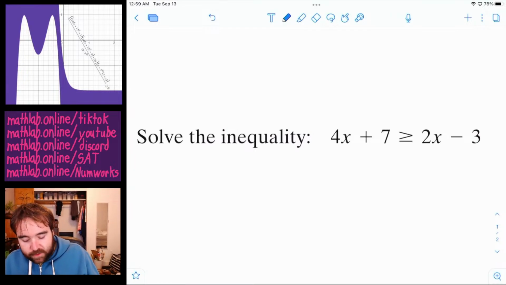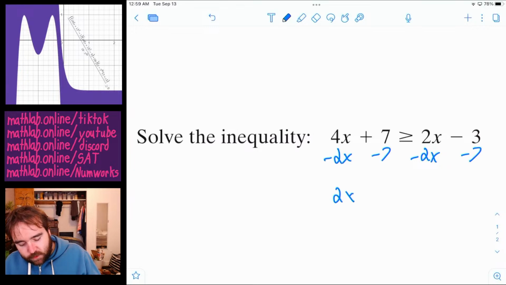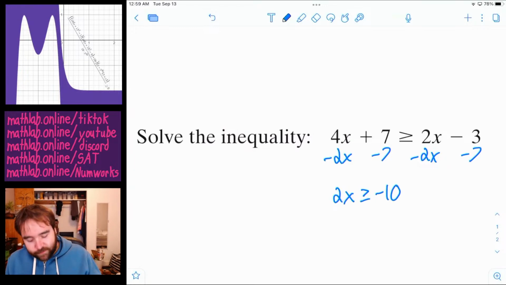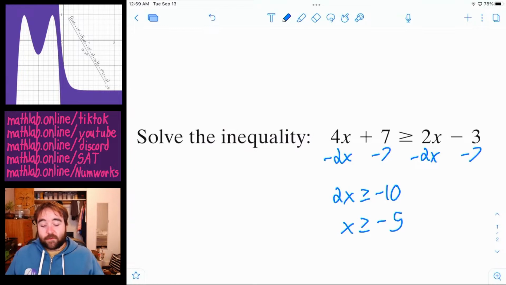We're just going to get the x together and get the numbers together. So subtract 2x from both sides, subtract 7 from both sides, get that 2x is greater than or equal to negative 10. Divide both sides by 2, x is greater than or equal to negative 5. And there we go, that's our answer.